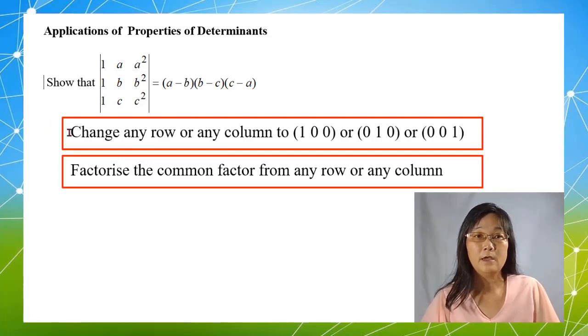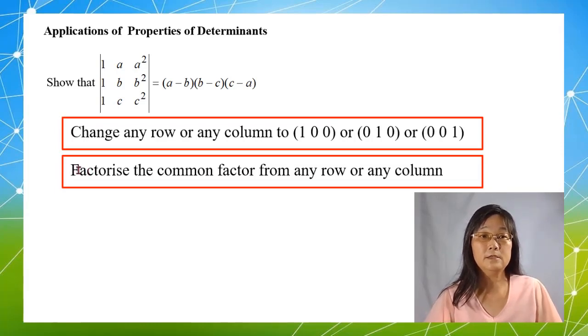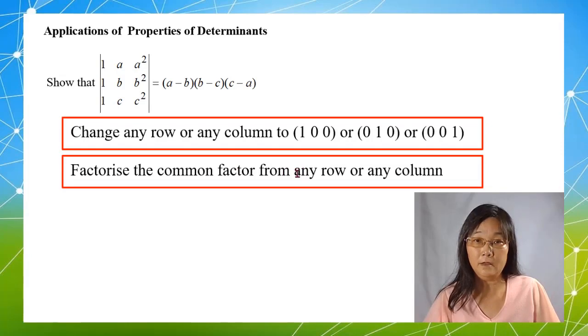One is I'm going to change any row or any column to 1, 0, 0 or 0, 1, 0 or 0, 0, 1. That is, I can change any row or any column such that 2 of the elements become 0. Another technique is I'm going to factorize the common factor from any row or any column.